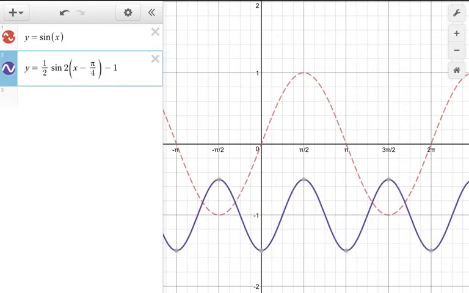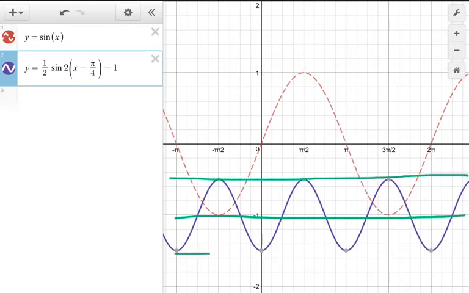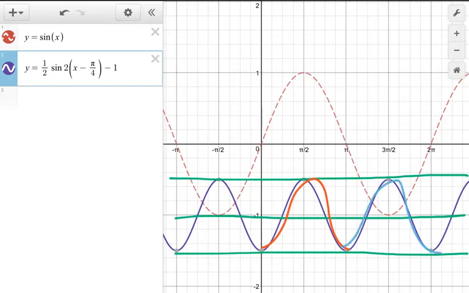So the last example here has an amplitude of 1/2, a midline of negative 1, so there's my midline. My maximum is half a unit above, my minimum is half a unit below. I've got a frequency of 2, so there's one full curve, and here's my second full curve in 2 pi radians.